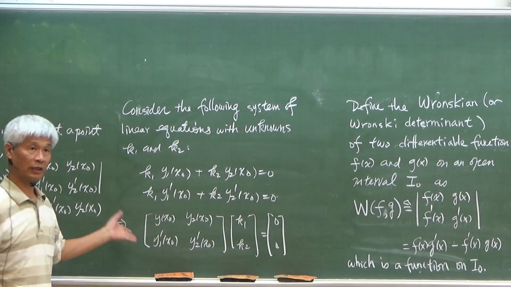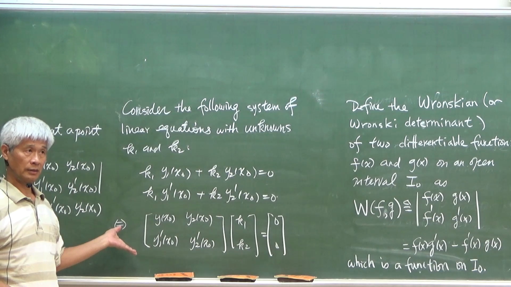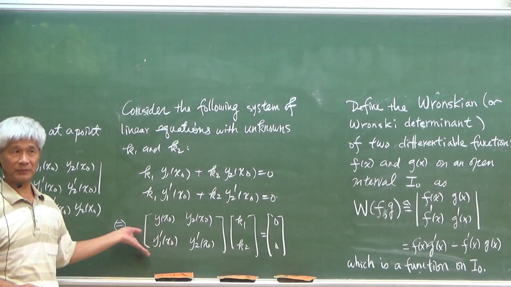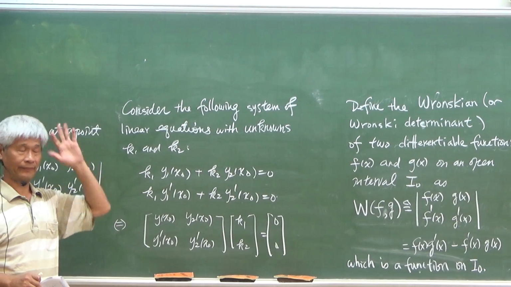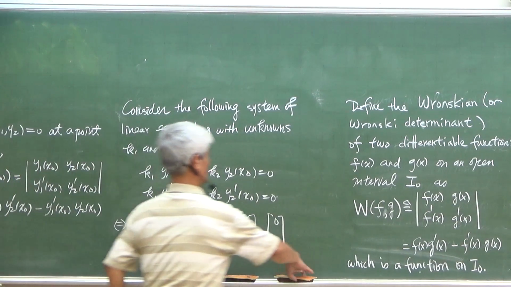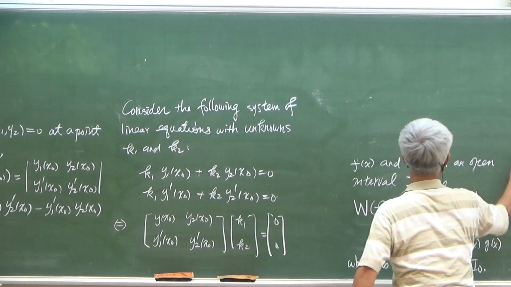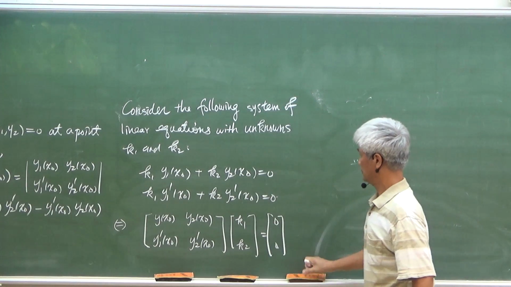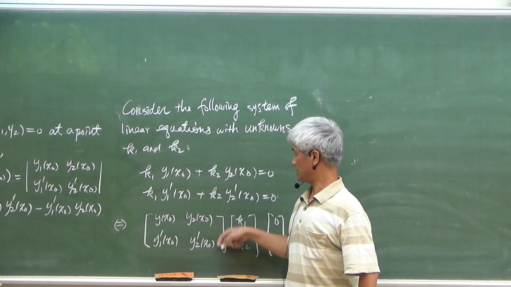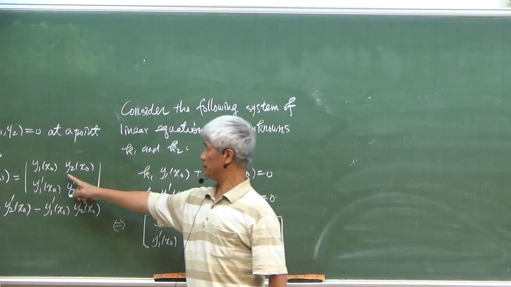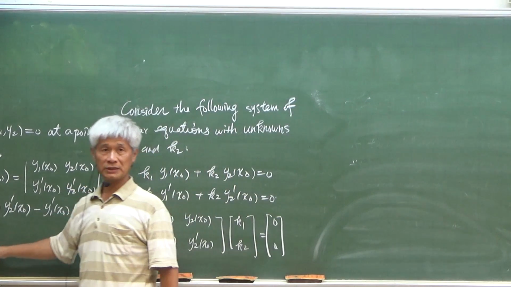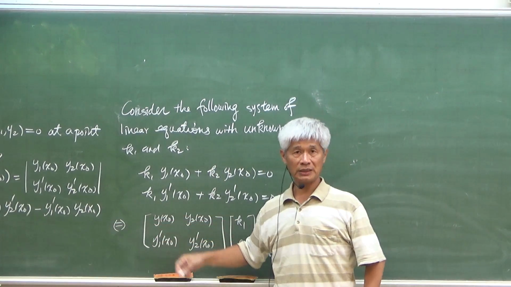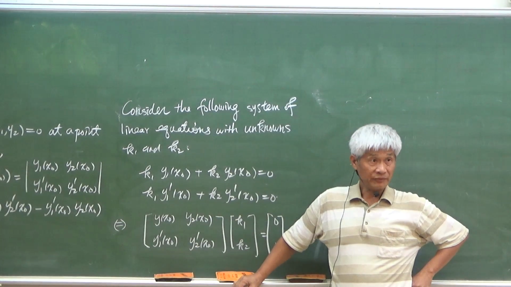Now we have a homogeneous system of linear equations. Since the matrix has determinant equal to 0 by our assumption, the matrix is not invertible.